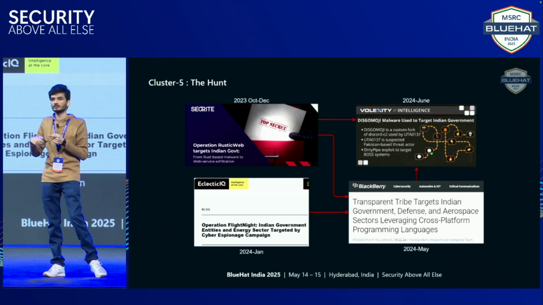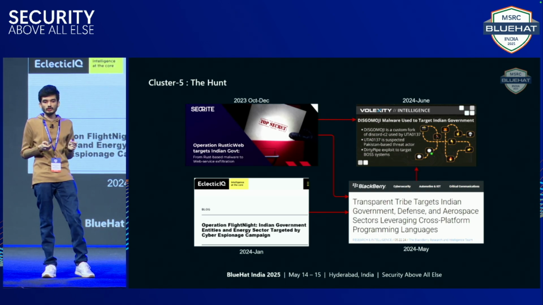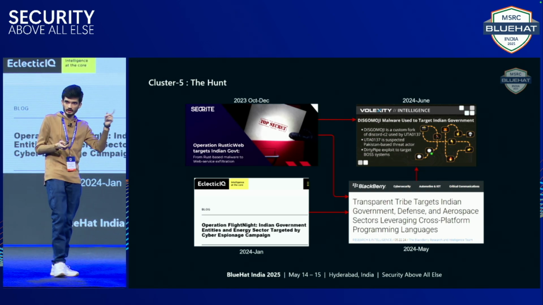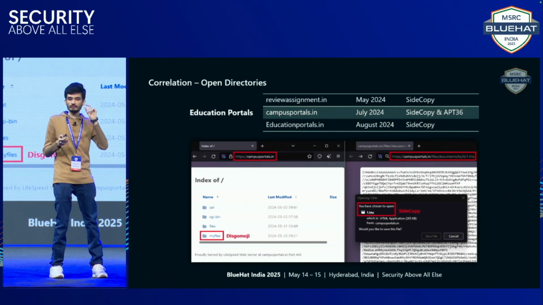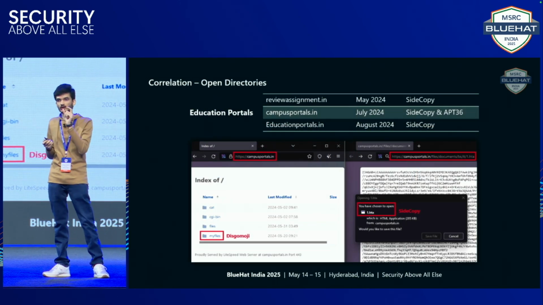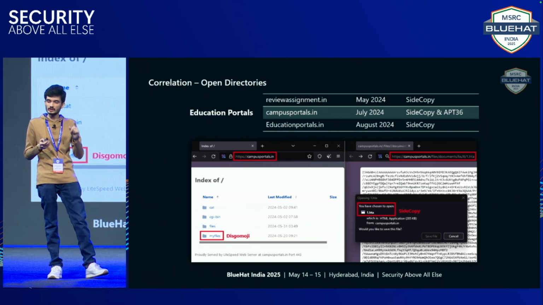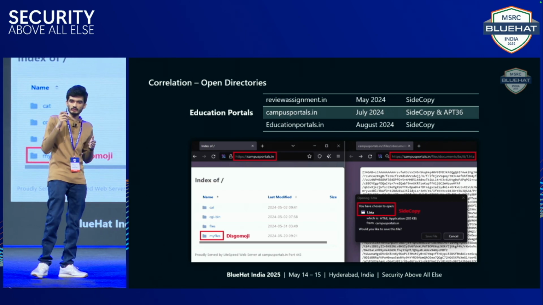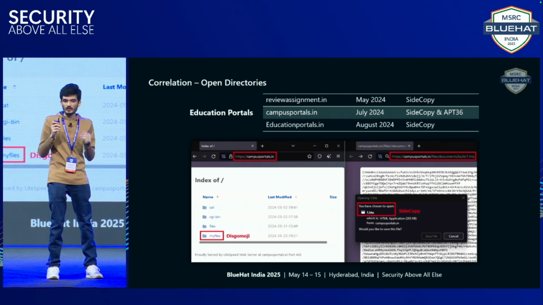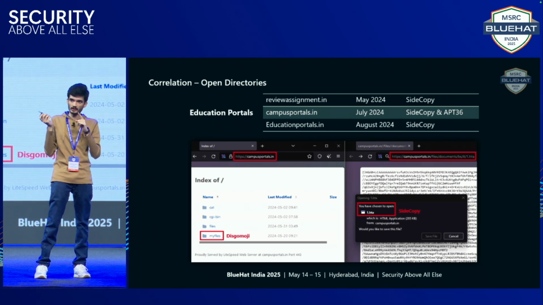So now we can see that more correlations between these APTs are being built up. We started to hunt for DISCOMOJI, which was attributed to APT36, and we found exactly three open directories, all related to education portals. These education portals were initially compromised by SideCopy APT, and amongst all three, the middle one was hosting payloads related to both SideCopy and APT36.